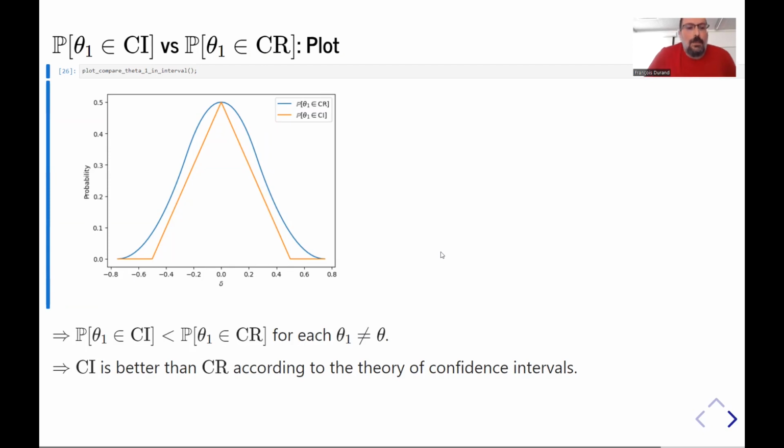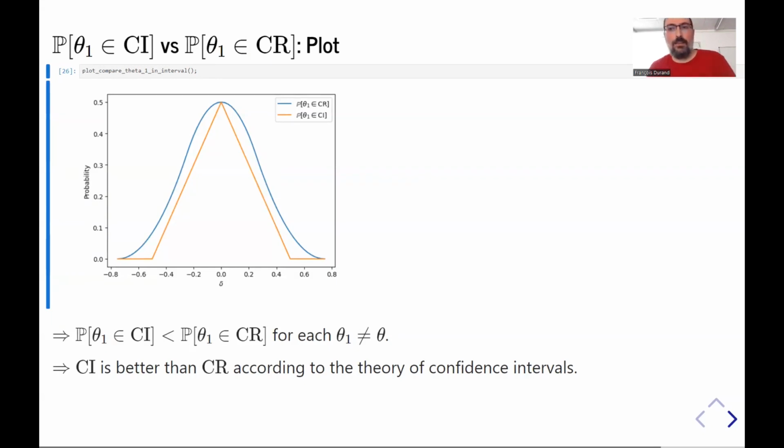So this is very impressive, because whatever the true hidden value of the parameter theta, and for any incorrect value θ1, the probability that θ1 is captured by the confidence interval is smaller than the probability that it is captured by the credible region in this example.